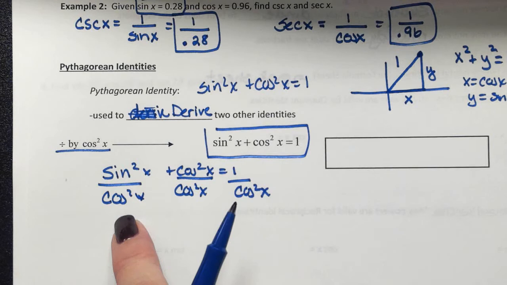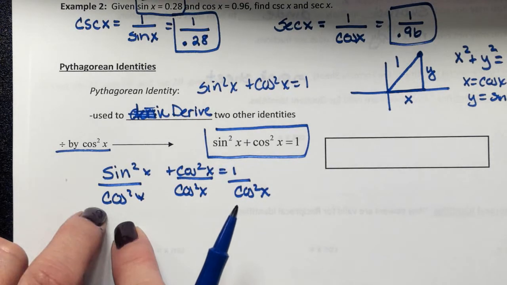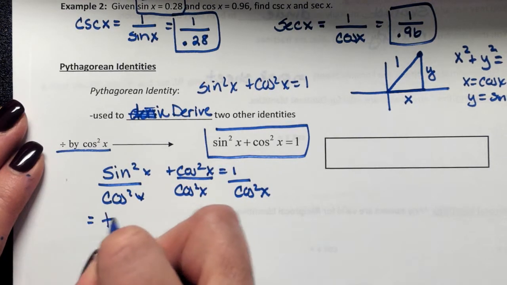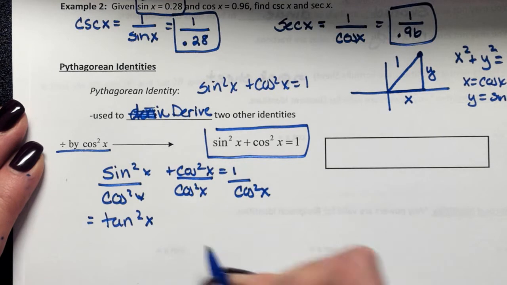Sine squared divided by cosine squared: what's sine over cosine equal to? Tangent. So sine squared over cosine squared is going to be equal to tangent squared x.